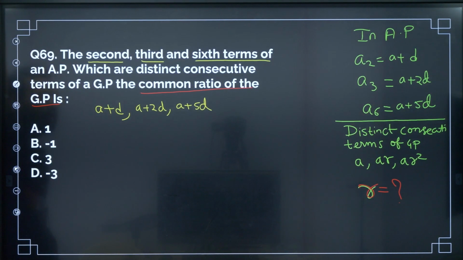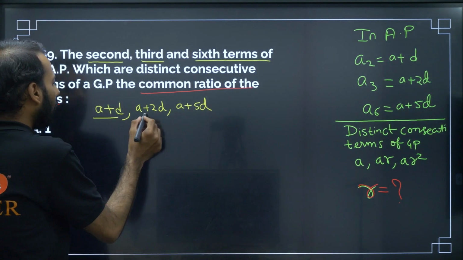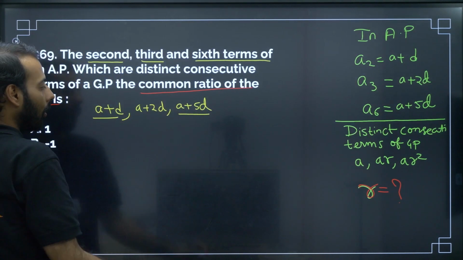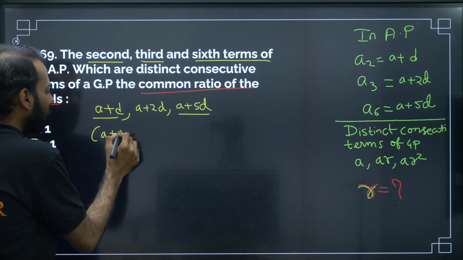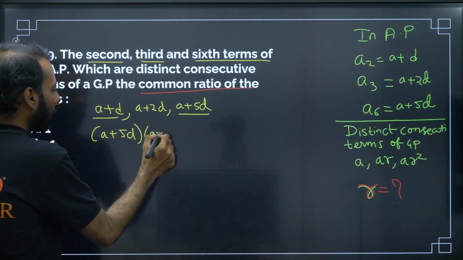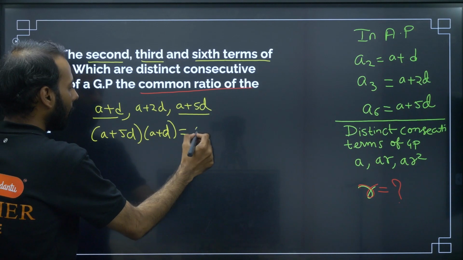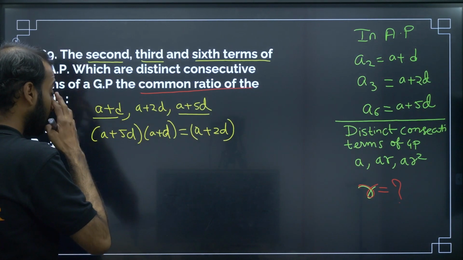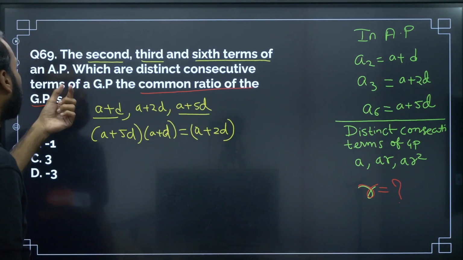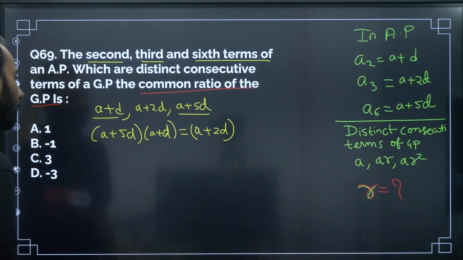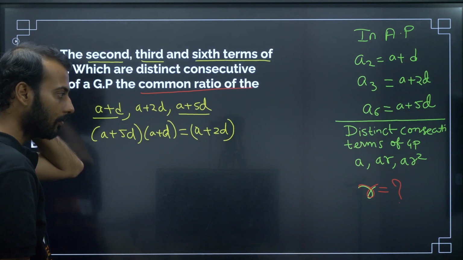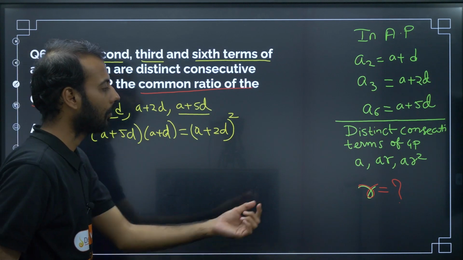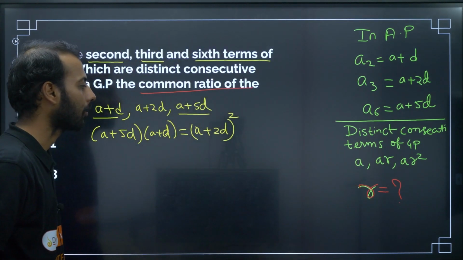So consecutive terms of a GP means, try to recall, a plus d, a plus 2d, a plus 5d, and the common ratio of the GP is a plus 2d square.